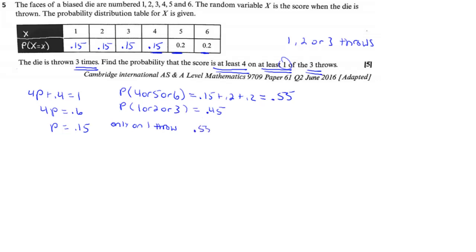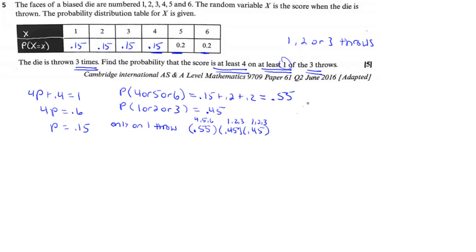We'll start with just happening on 1 throw. On this first throw, we end up getting a 4, a 5, or a 6. Now, the other 2 throws, we get a 1 or a 2 or a 3. Now, we multiply those probabilities together to get the probability of that happening. The thing is, though, it didn't have to happen on the first throw.